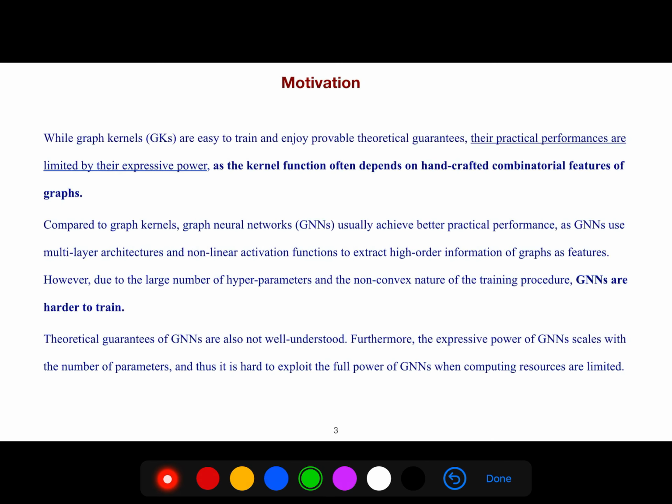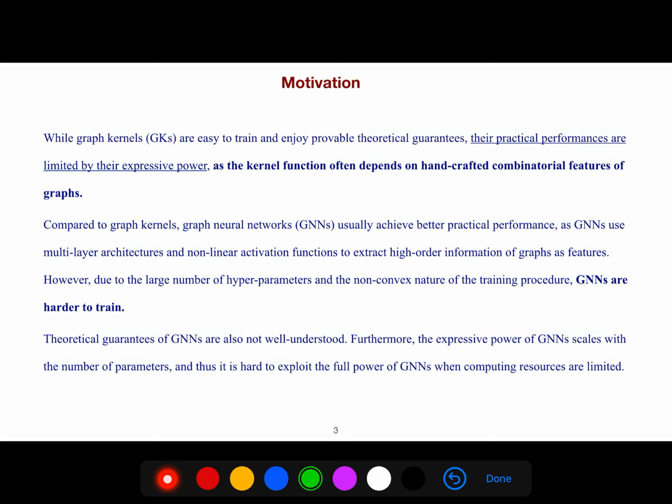While graph kernels are easy to train and enjoy provable theoretical guarantees, their practical performances are limited by their expressive power, as the kernel function often depends on handcrafted combinatorial features of graphs.